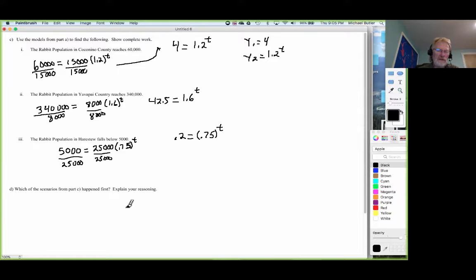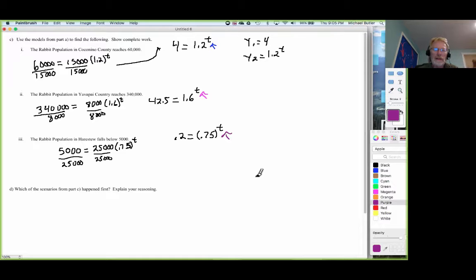Does that make sense? So you've got to find out what the 3 t's are. You're going to get a value of t up here, a value of t here, and a value of t here. So you're going to have 3 different values of t, and they're going to ask you which one of those is smallest. Smallest being that population got there first. And then explain to them why.